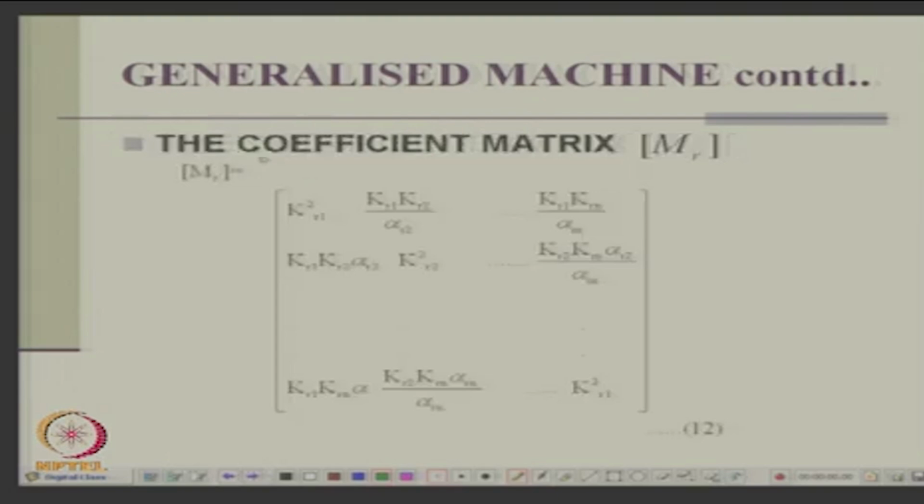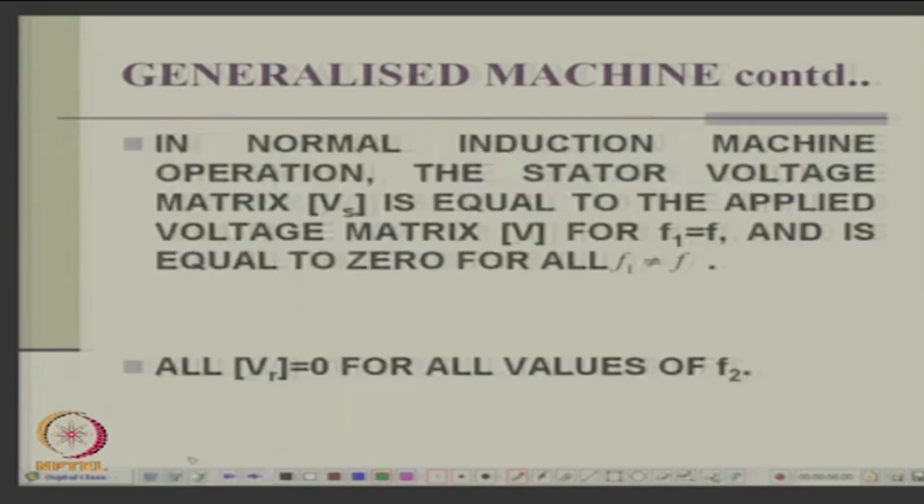And of course, we have the rotor coefficient matrix MR, which is already explained in the last lecture. Of course, we know these are the statements that in a normal induction machine the stator voltage is equal to the applied voltage, and for all other frequencies the voltage is 0.